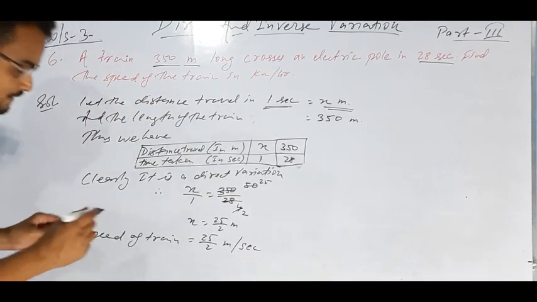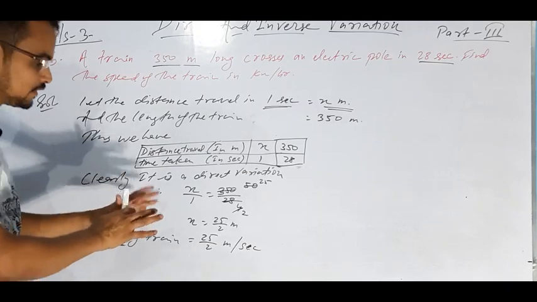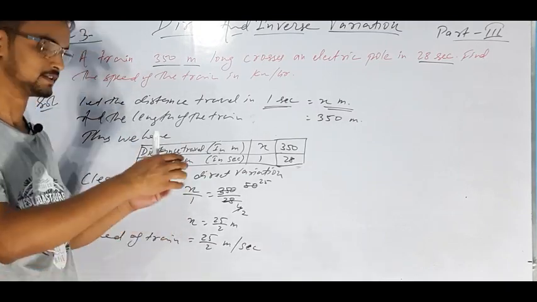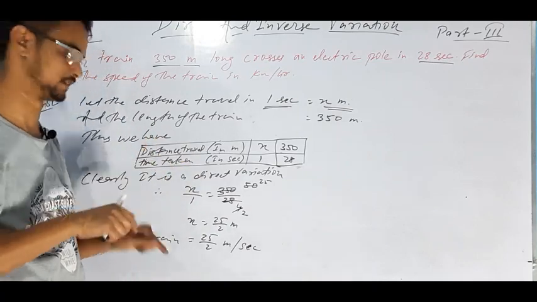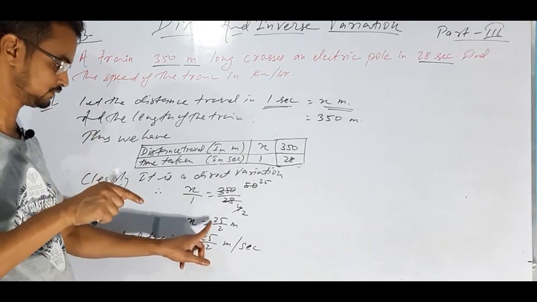Clearly, this is the benefit of our variation. Here we have not written the formula of this distance travel, speed is equal to distance by time. We will write directly that the speed of the train is the distance 25 by 2. What is x?